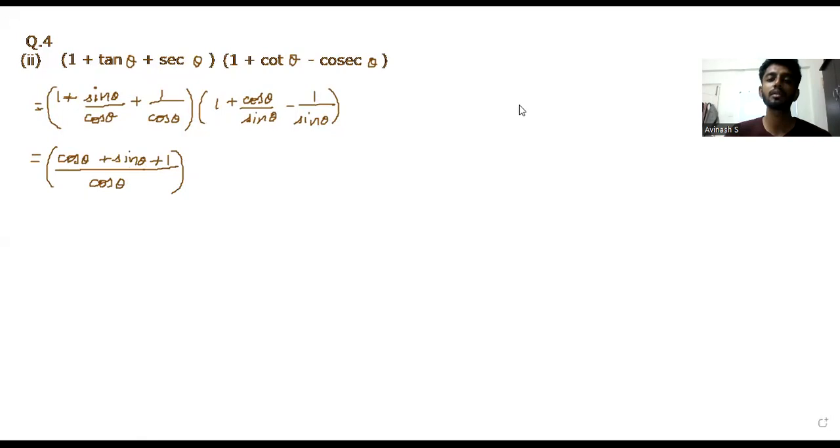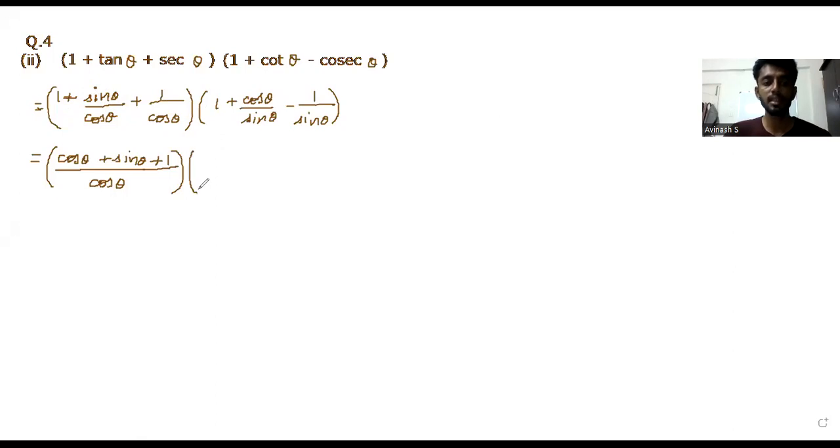If you look at the red color on the screen, this is like divided by 1, and both these have cos theta. So the LCM is cos theta. So you multiply this by cos theta in the numerator also. That's how we are getting this. So the numerator becomes cos theta plus sin theta plus 1, and there's a common denominator, which is whole divided by cos theta.